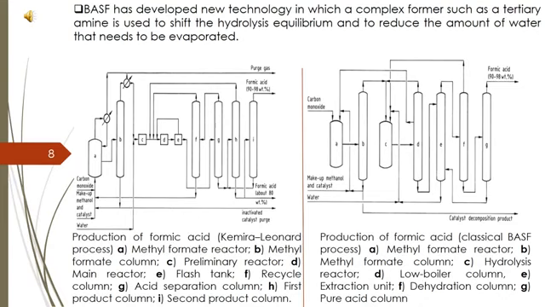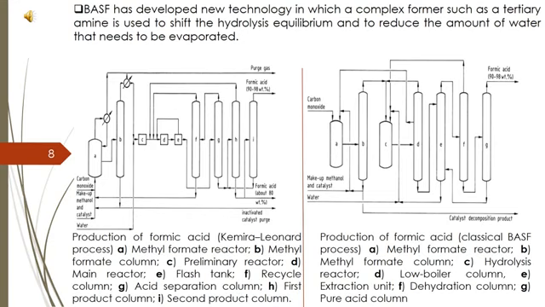Then from the preliminary reactor, the feed goes to the main reactor, and then it is fed into the flash tank, and then to the recycle column, and then the acid separation column.